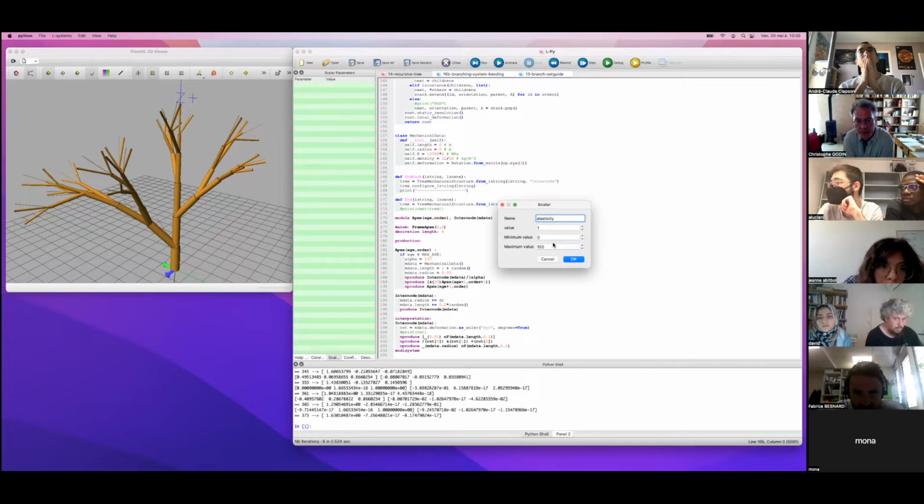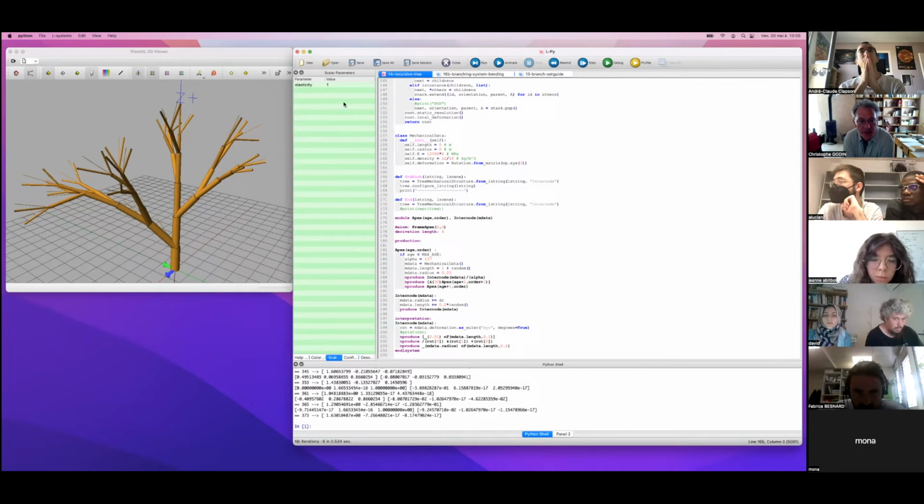Value will be between 0 and 100. Let's say it's okay. Now you multiply your Young modulus by this value, elasticity. Like that.